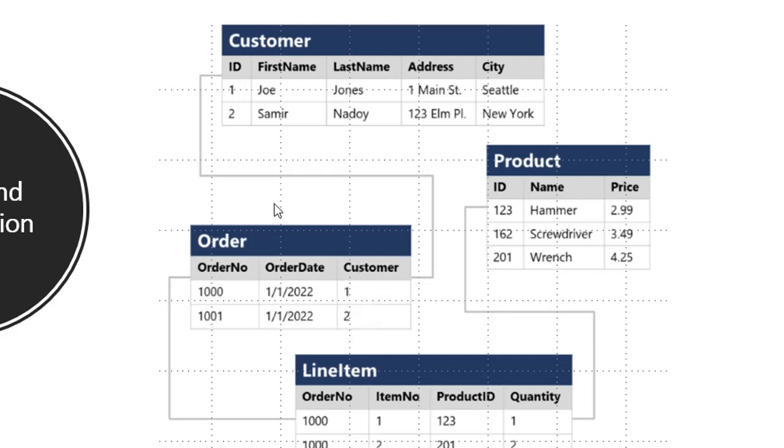Similarly, line item has a relationship with order because line item also has the order number, right? It has details of order number and all the products. So this line item is connected with the order table as well as with the product table. So this way we are making relationships between the tables and also avoiding redundancy of the data.